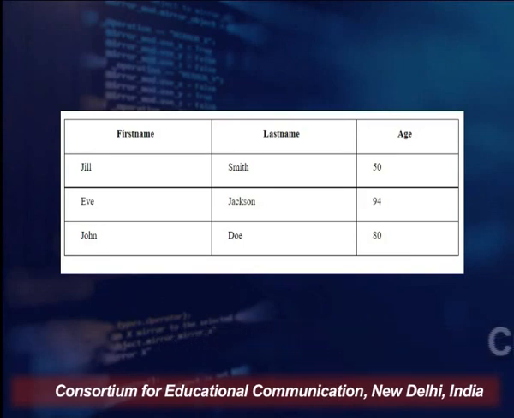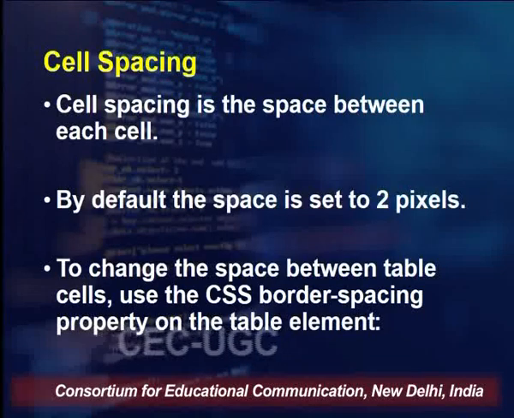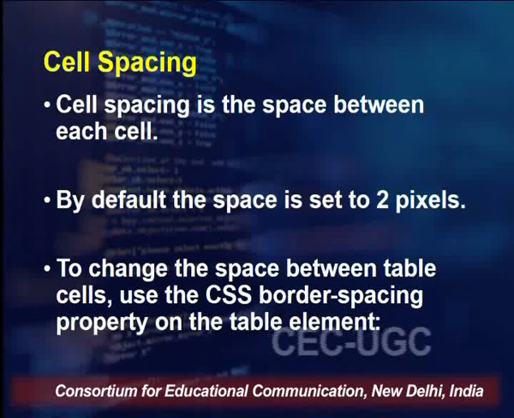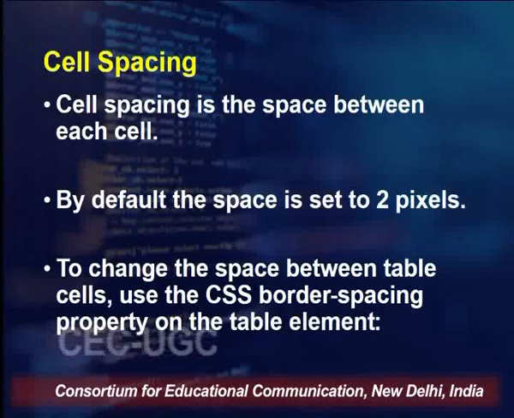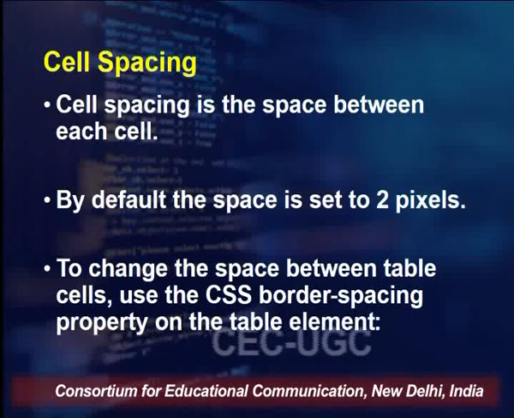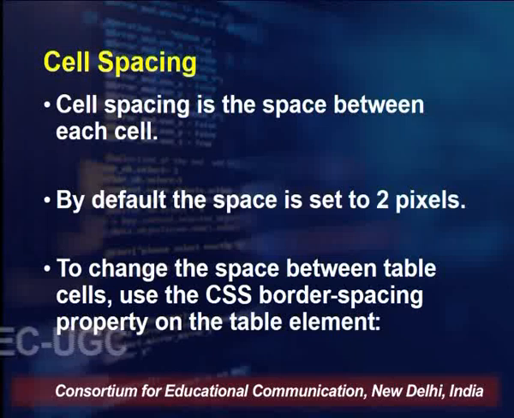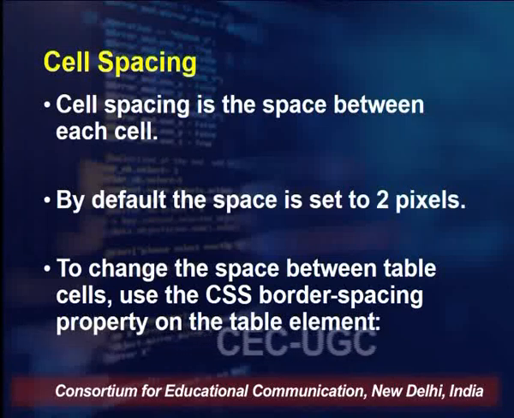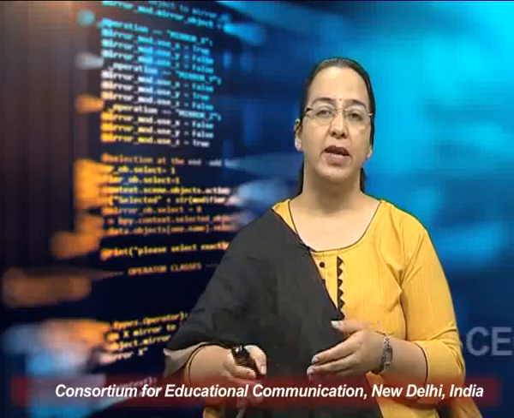Then in the next step, what if you want to change the cell spacing, that is, the space between each cell? As I told you earlier, cell padding by default is 0. By default, the cell spacing is set to 2 pixels, and again we can change this cell spacing either using CSS or using the normal attribute of the table.